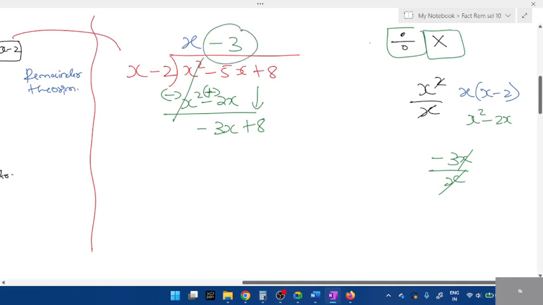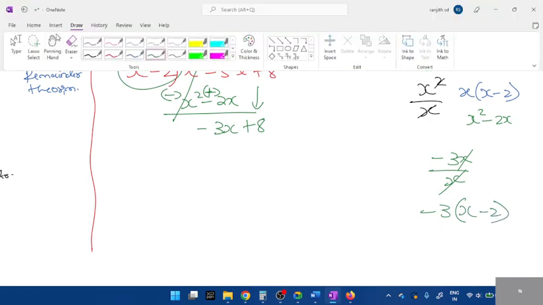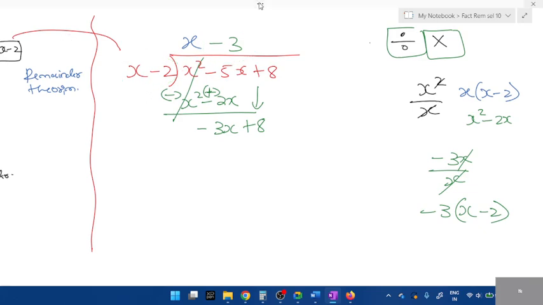Multiply. Take the new value minus 3, multiply with the question x minus 2. What do you get? Minus 3x. Minus into minus is plus 6.